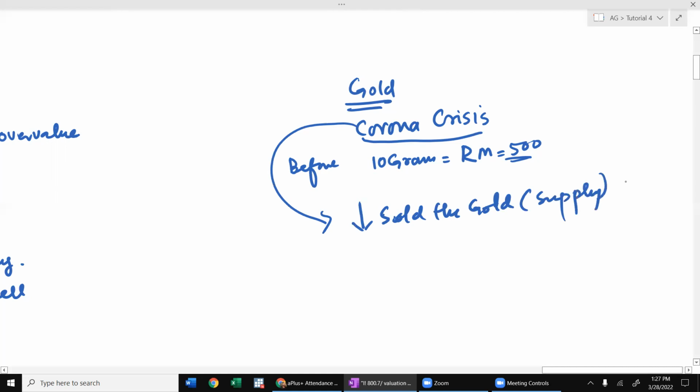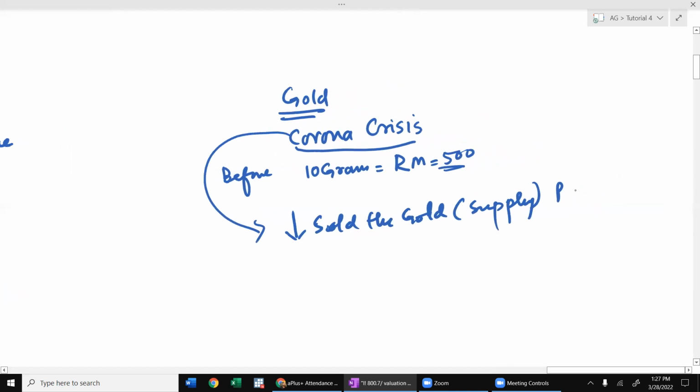When the supply increases, price increases or decreases? Decreases, right? So it means that the 10-gram gold was trading at, let's say, 350.